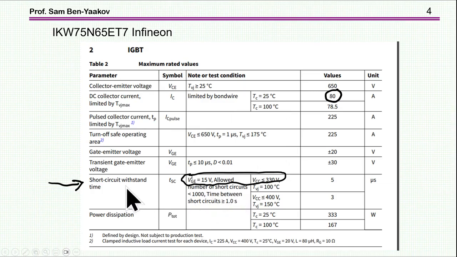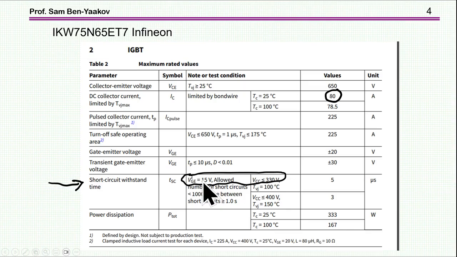For example, you see here, it will withstand a short circuit, meaning that you can connect the IGBT to a 330 volt supply, feed the gate to emitter 15 volt, and it will withstand this situation for 5 microseconds. Mind you, connecting it to this high voltage with that drive, the current will be very high. It'll obviously get into the saturation region for this particular 15 volt.